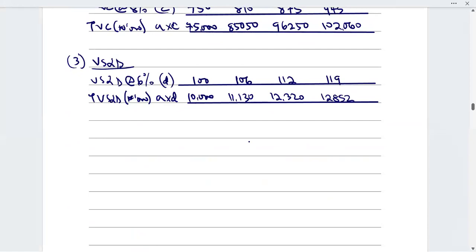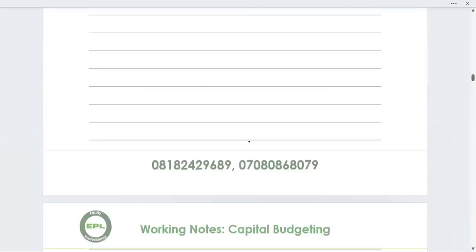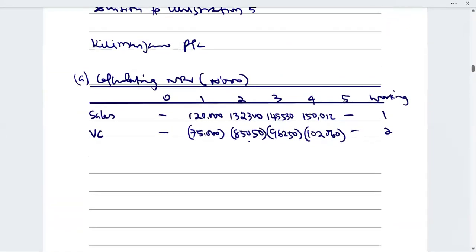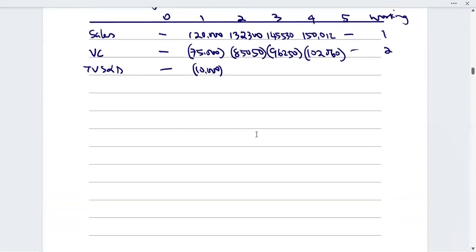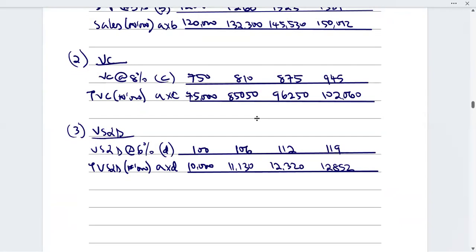So let's go and post. Total variable selling and distribution: 10,000 for the first year, followed by 11,130.